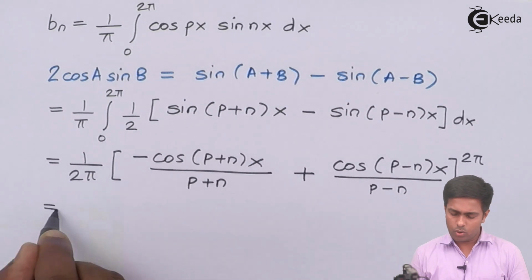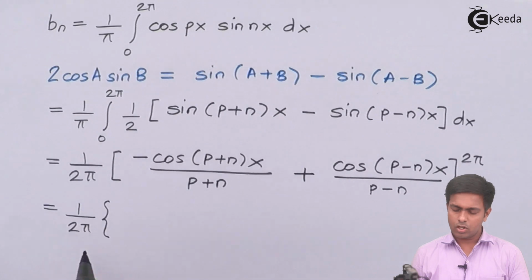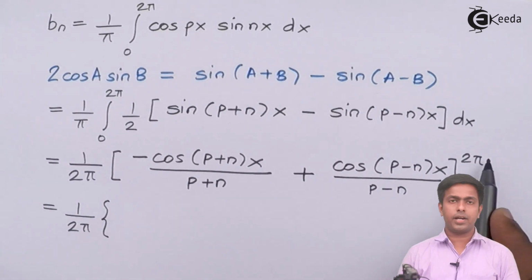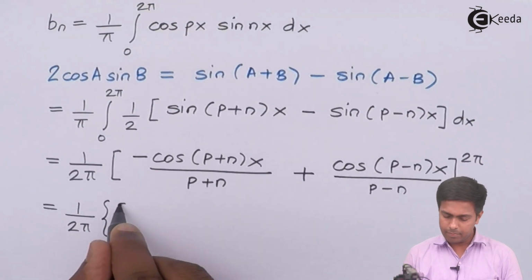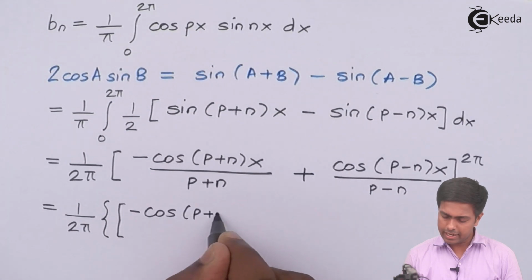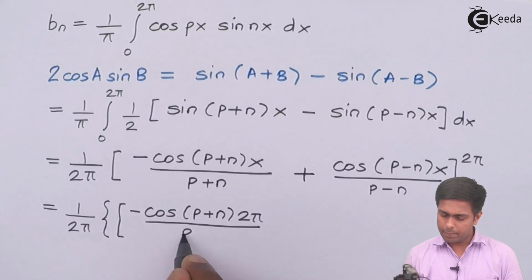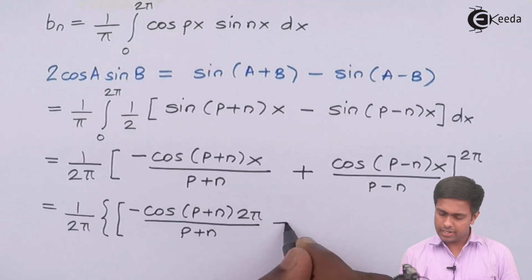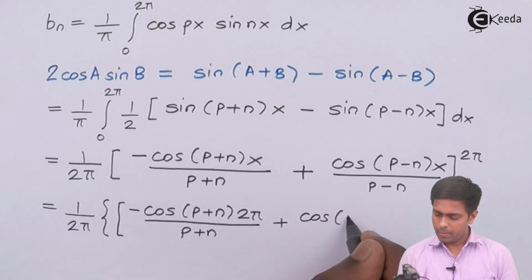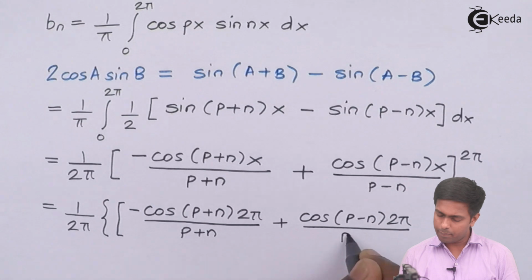So here we will get 1 by 2 pi. Upper limit is 2 pi. By doing that we will get in bracket negative cos of (p plus n) into 2 pi upon p plus n plus cos of (p minus n) into 2 pi upon p minus n.